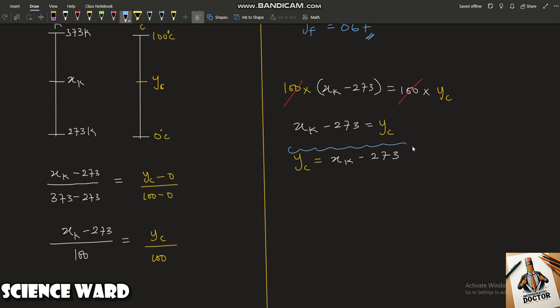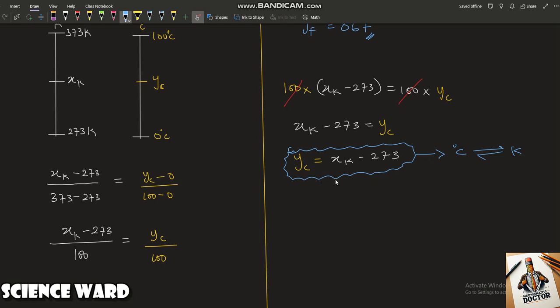And that is the relationship between the Celsius scale and the Kelvin scale. So if I want to convert between the Celsius scale and Kelvin scale, I can do this.